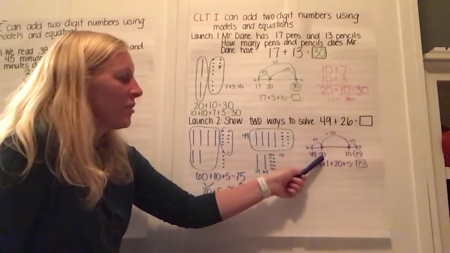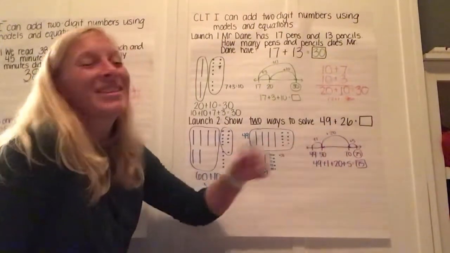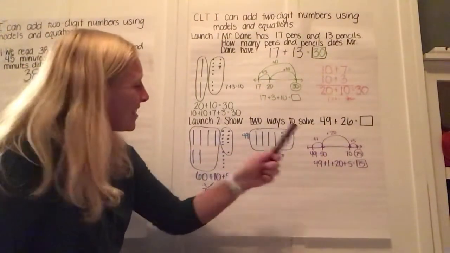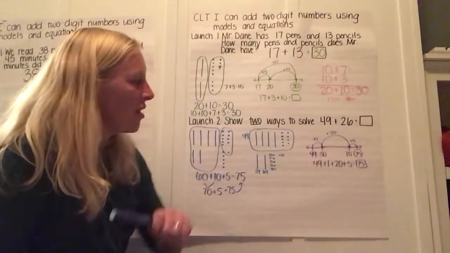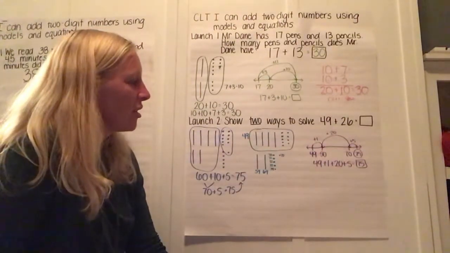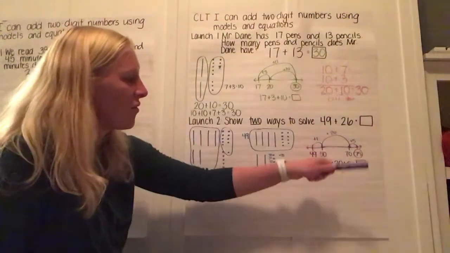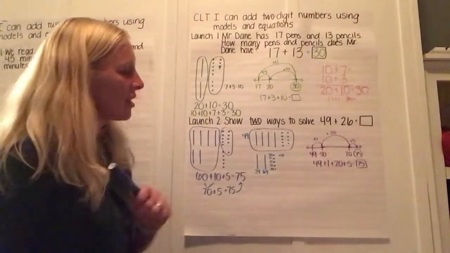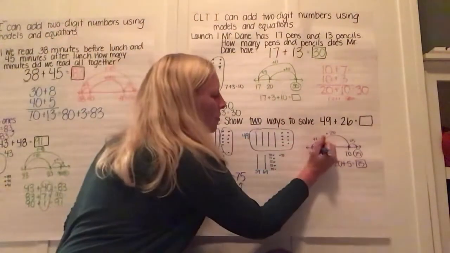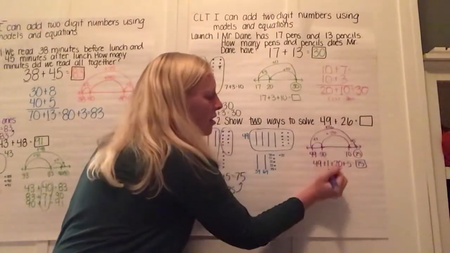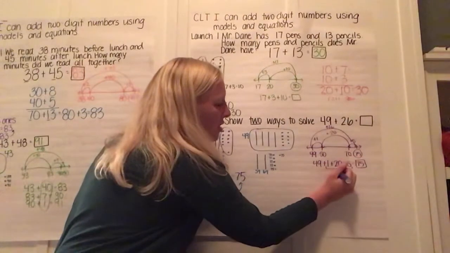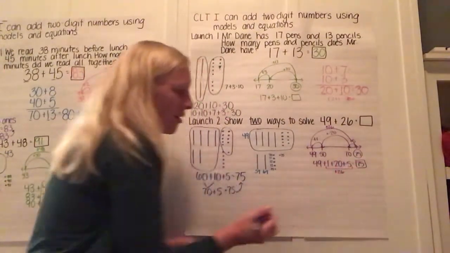Made one jump to 50. There's that 10 as a friend, yes. And then another jump of 20. And then they broke up the 26, but that extra 5. So where's the 26 in this piece of work? It's in those jumps. In our equation, it's right here.